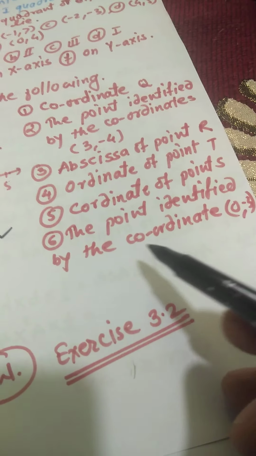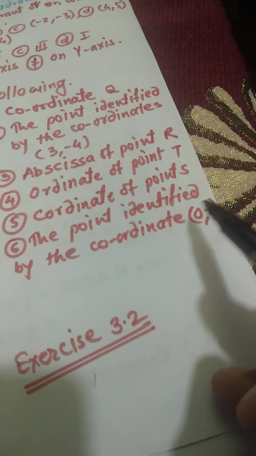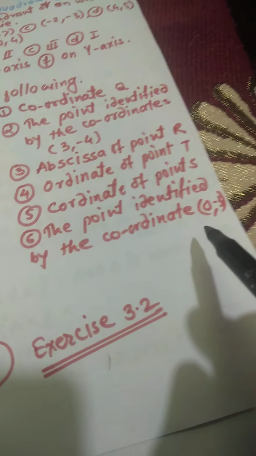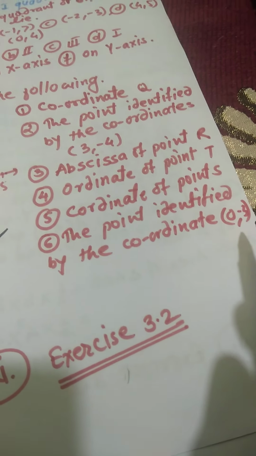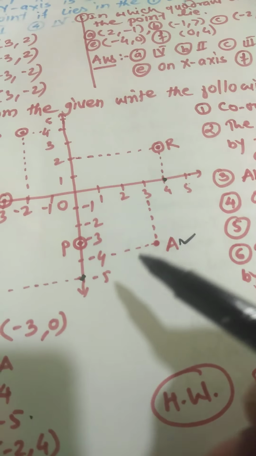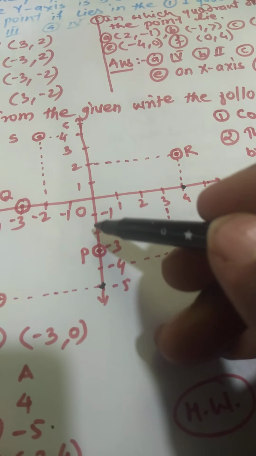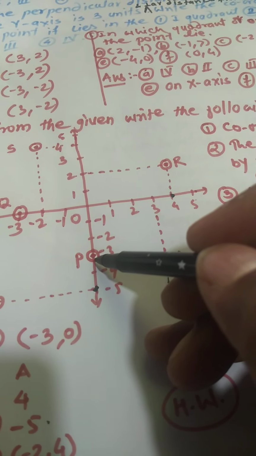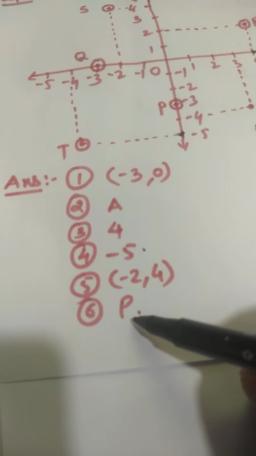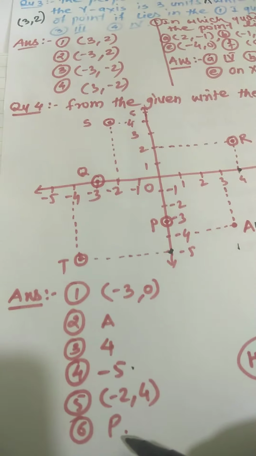Clear? Now last question. The point identified by coordinates 0, -3. So 0, -3. Where is 0? -3. So which point is there? P. So P. Understood this?